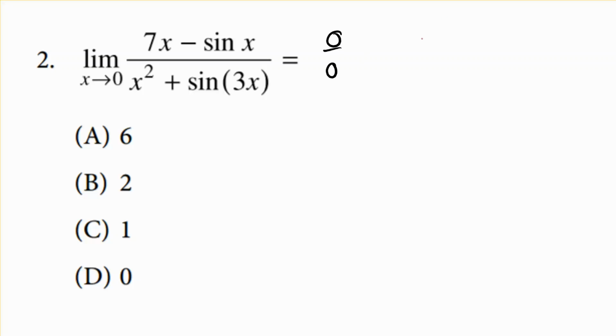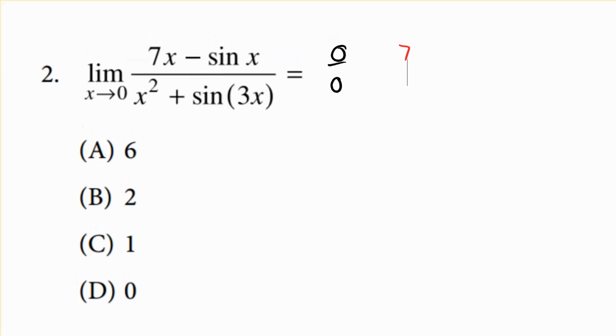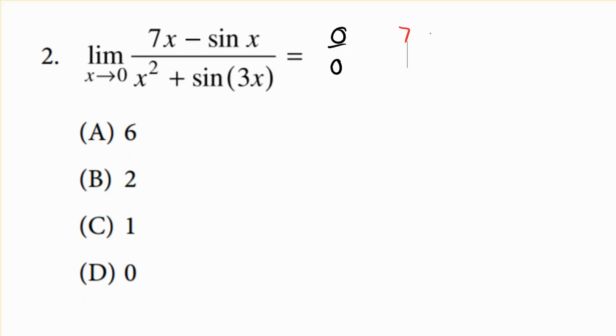L'Hopital's rule allows us to take the derivative and check the slopes. So let's try that. 7x, the derivative is just the 7. The derivative of sine is the cosine, over the derivative of 2x plus 3 cosine 3x.